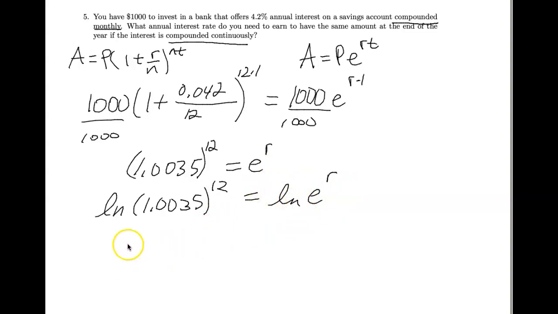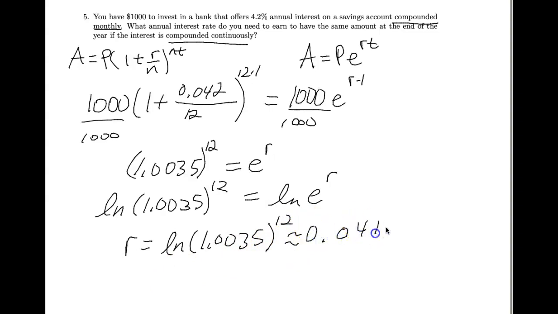So I've essentially found R. R is equal to natural log of 1.0035 to the 12. And when we plug this in our calculator, I'm getting about 0.0419.